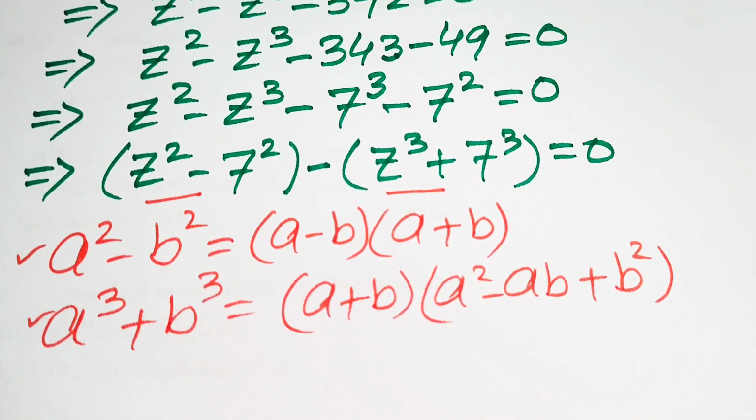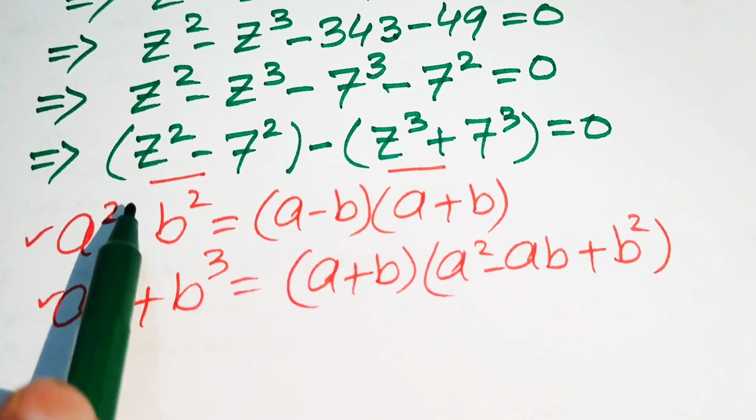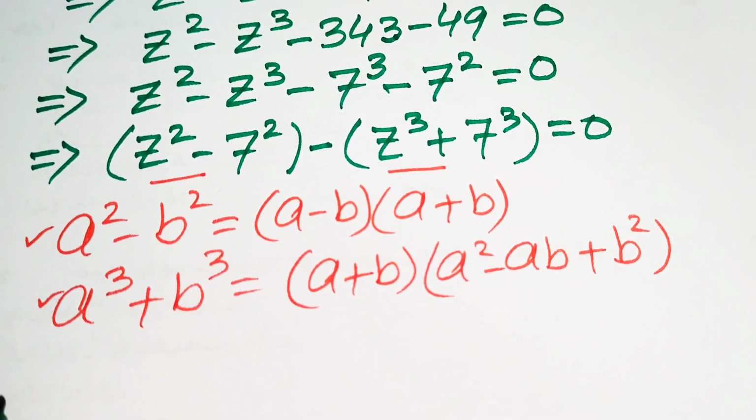So now first we use the square identity on the first factor. Here our a is z and b is 7.